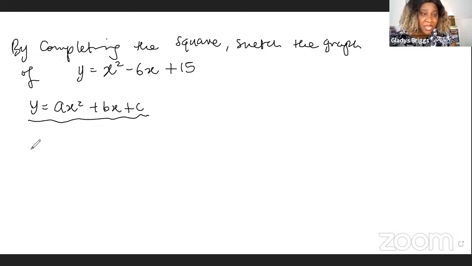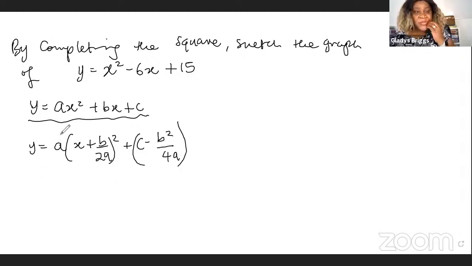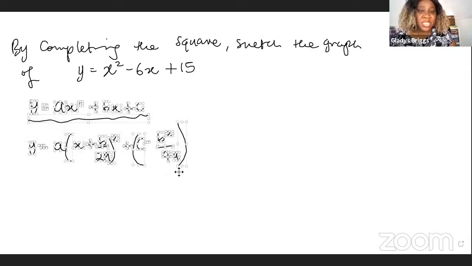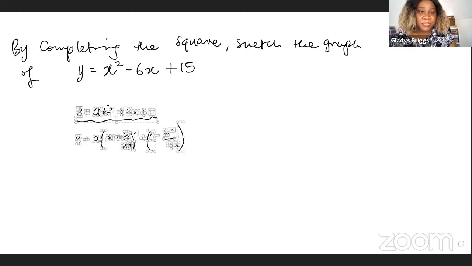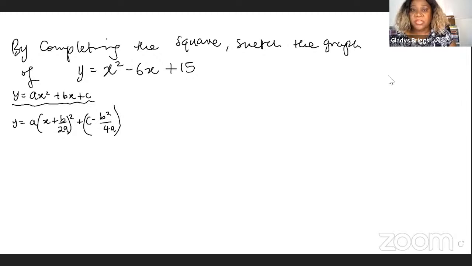So what you have is y is equal to (x plus b over 2a) squared plus c minus b squared over 4a. Yeah, so now we're being asked to use completing the square to sketch this graph. So let's write this function in completed square form.